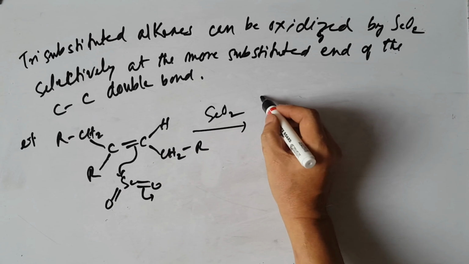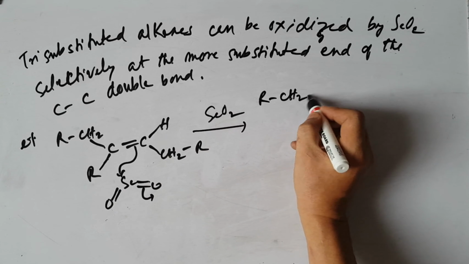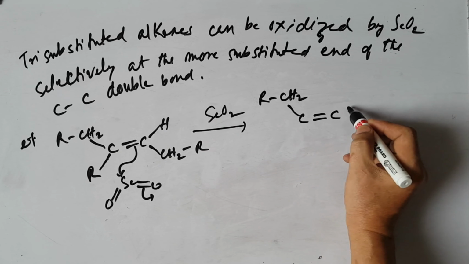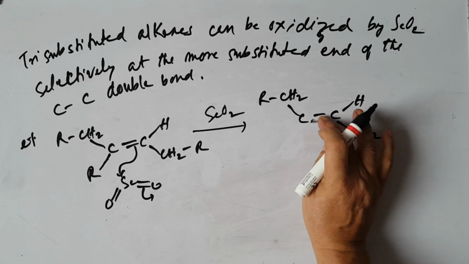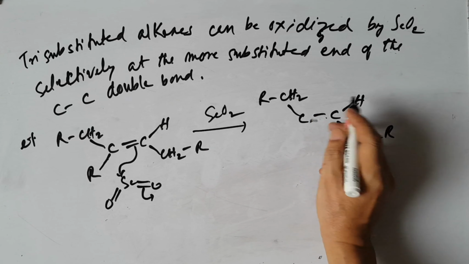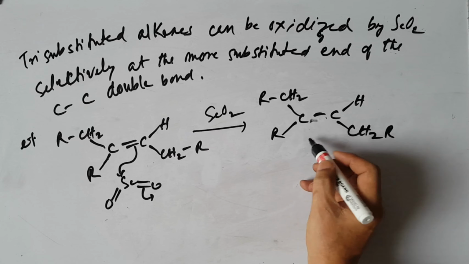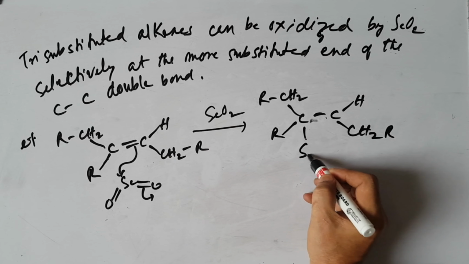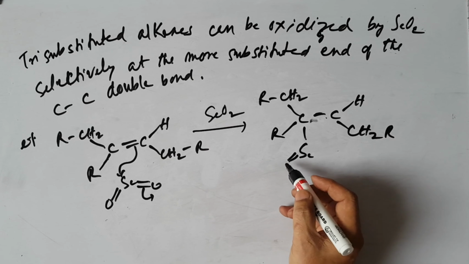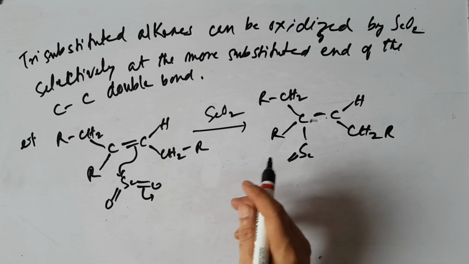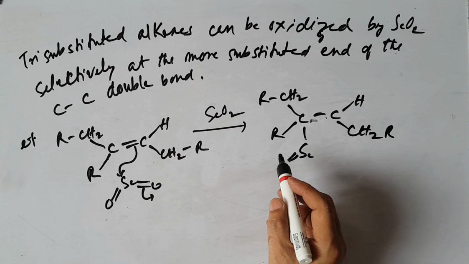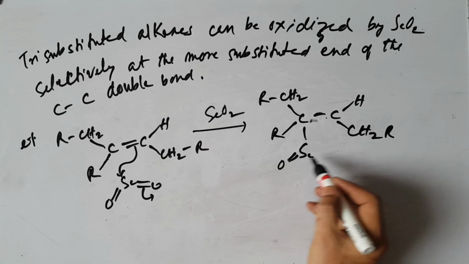So we have R, CH2, C double bond C, CH2R, then R here, and the selenium with a double bond to oxygen and an O prime here.